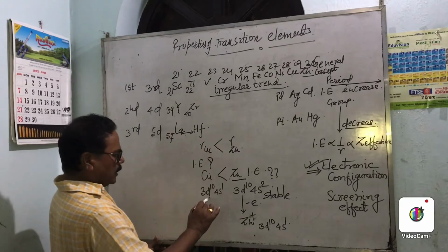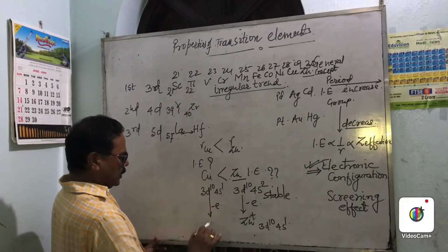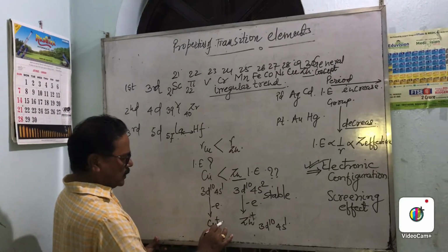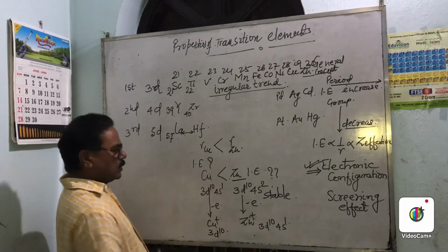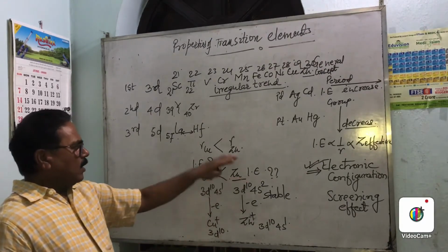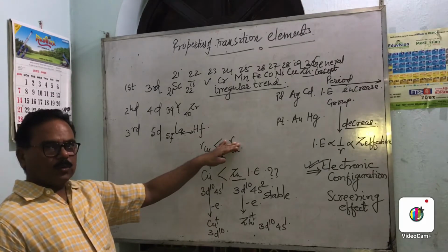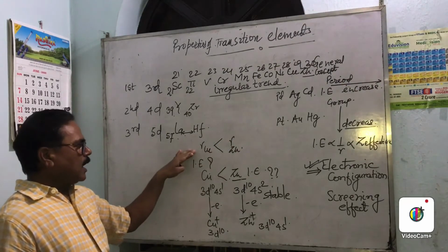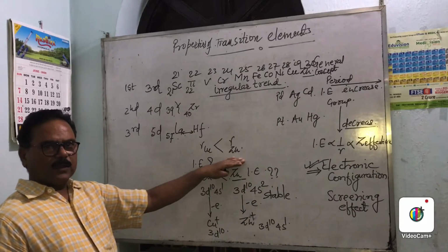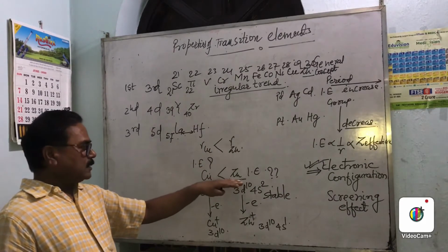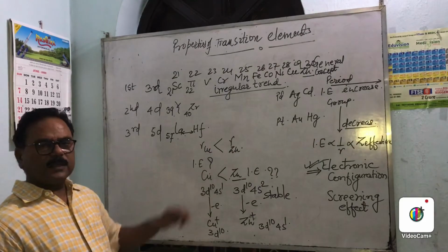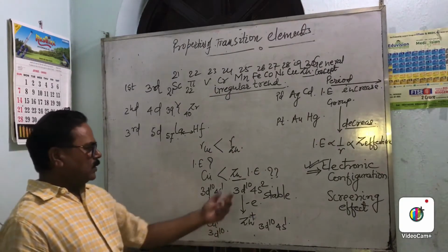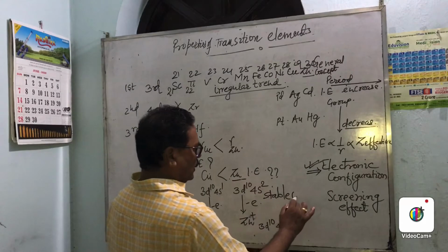Now from here, if we remove one electron from copper, it forms Cu+, which is 3d10. So for the first ionization energy, although the radius of zinc is more than that of copper and its ionization energy should be less, its ionization energy does not follow the same trend as the radius. Why is it so? Due to the stable configuration.